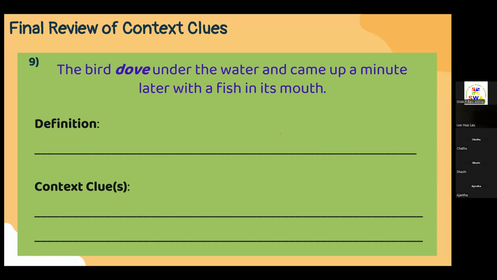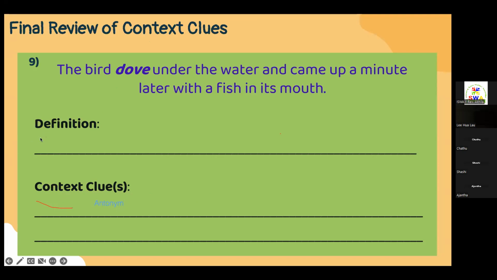Sorry? It's also illustration. Oh, okay. Good try. It's not illustration, but there's a difference, right? Because under the water and coming up, there's a difference in the action. So that means it's an antonym.